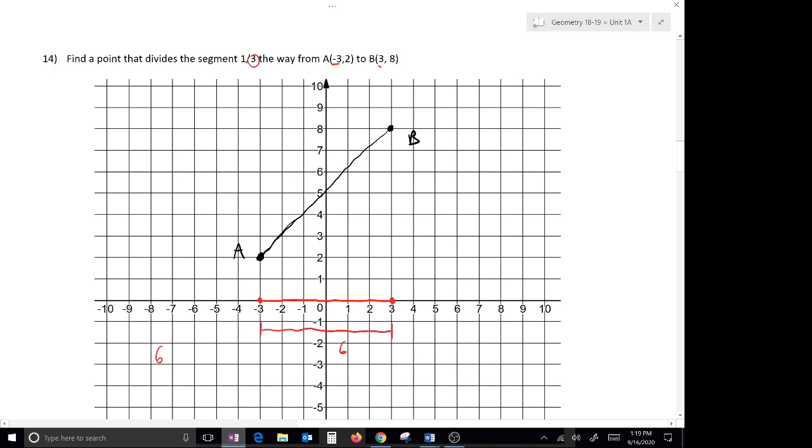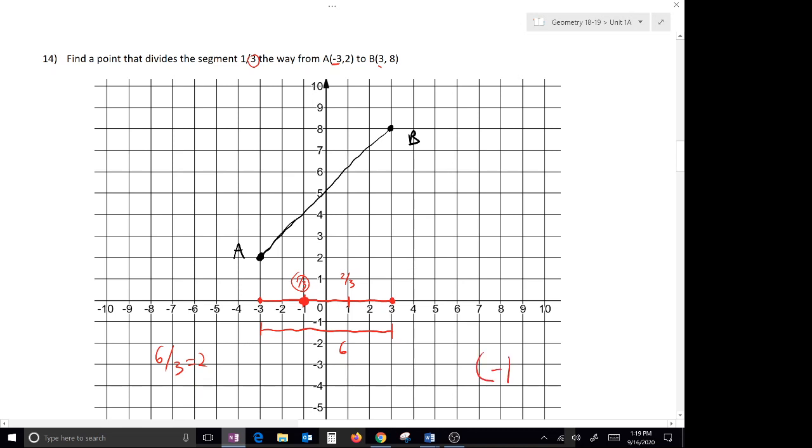Well, 6 divided by 3 equals 2. So I'm going to divide that going every 2 segments. So there's 1 partition, there's another. So -1 would be 1/3. +1 would be 2/3. Well, we're looking for 1/3. So our x-coordinate of our answer is going to be -1.